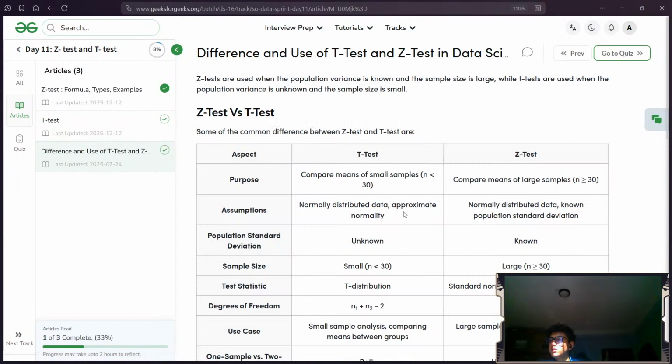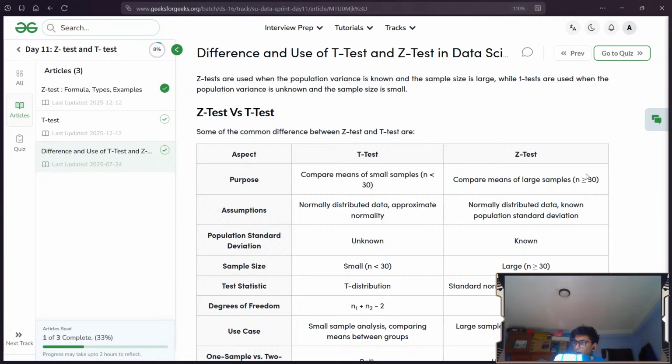Let's first read the difference between them. That will make something clear, and then we'll go to the t-test. Z-tests are used when the population variance is known and the sample size is large, while t-tests are used when the population variance is unknown and the sample size is small. Some common differences: t-tests compare means of small samples, n less than 30; z-tests compare means of large samples, n greater than or equal to 30.